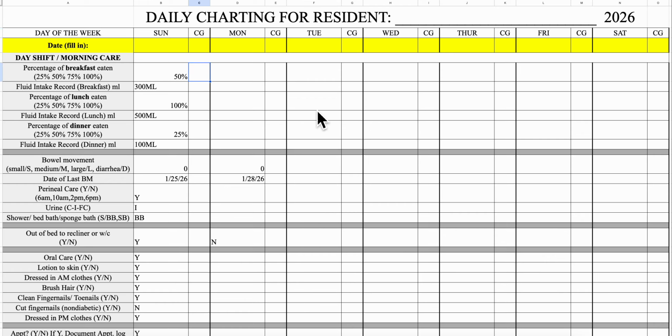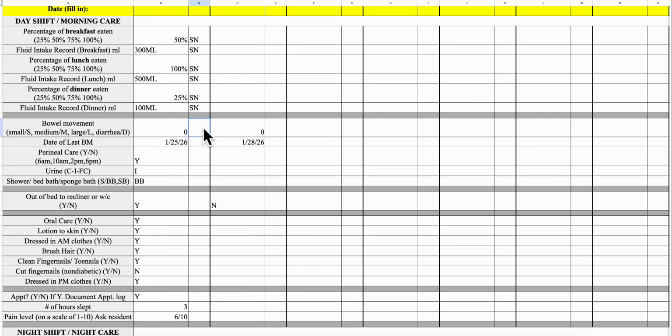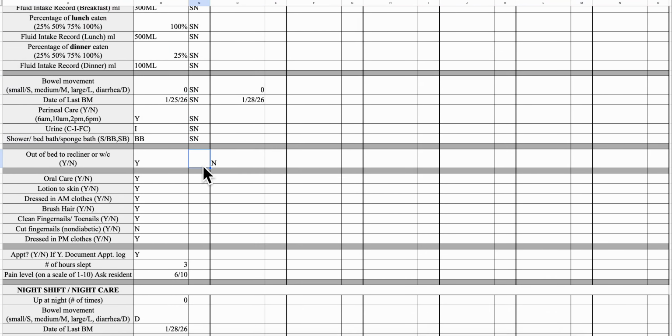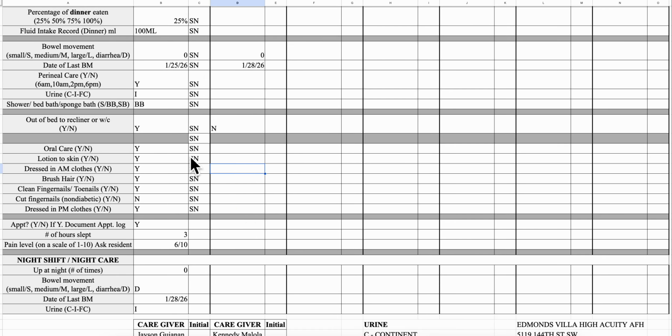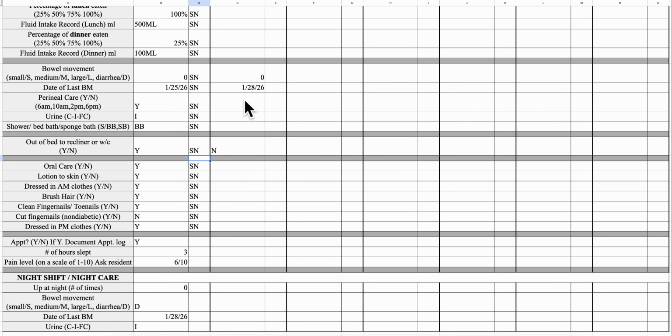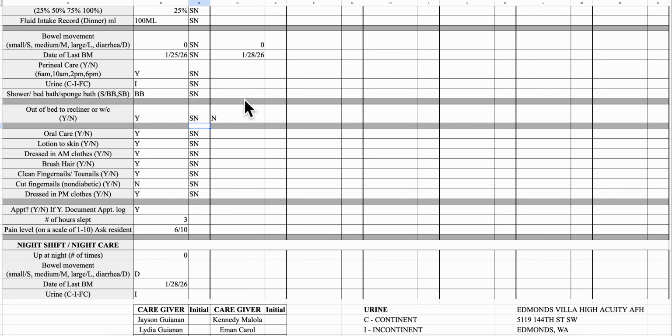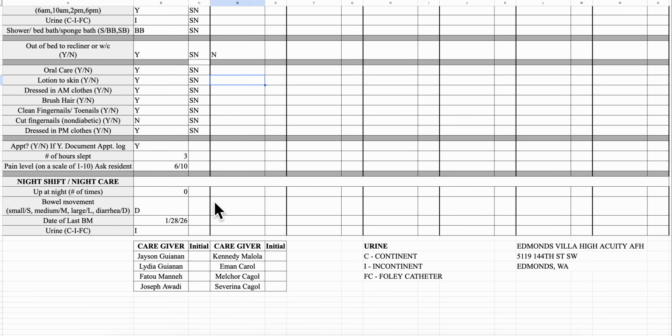So I will go down in a column here and add my initials to all of this charting and take accountability for my work. Obviously, this is going to be paper charting, so it'll be handwritten. But you'll understand the gist of this.